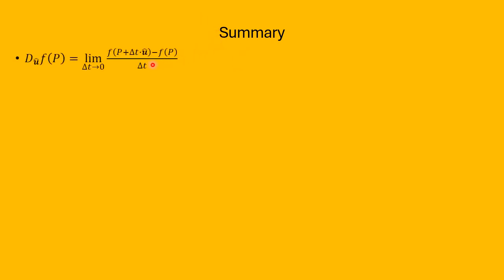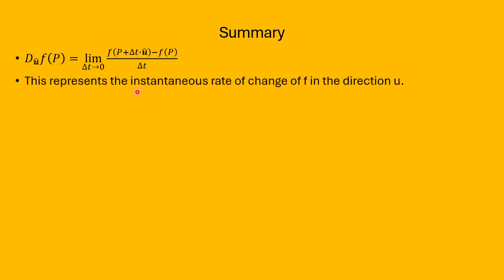So in summary, we saw that the directional derivative of f in the direction of some unit vector u, this directional derivative evaluated at a point P in the xy plane, could be written this way. We saw that this represents the instantaneous rate of change of f in the direction of that vector u.